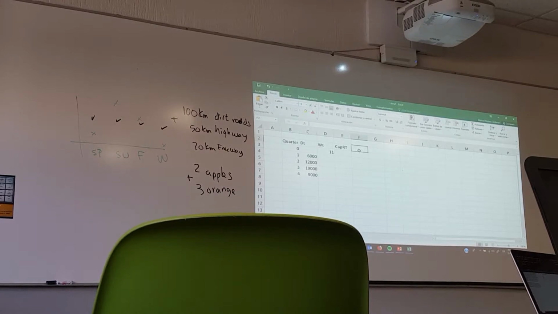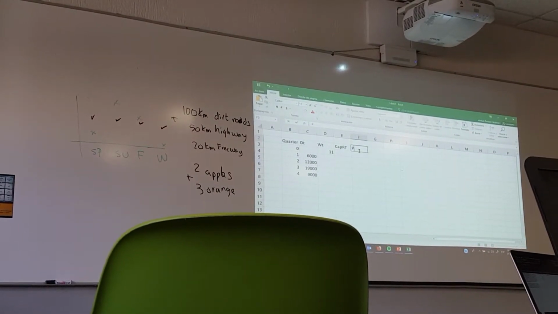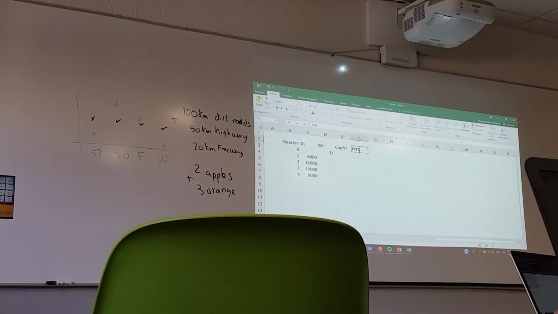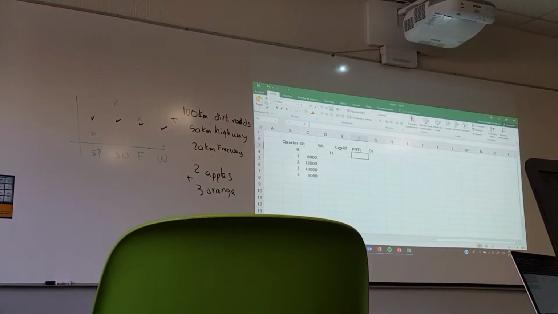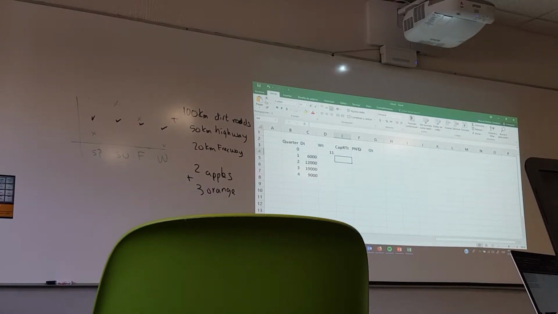And this is the normal time, let me change this, production normal time. And I'm going to say here just overtime. And this is for period T, and this is also for period T. Okay, so this is the capacity, the normal production.